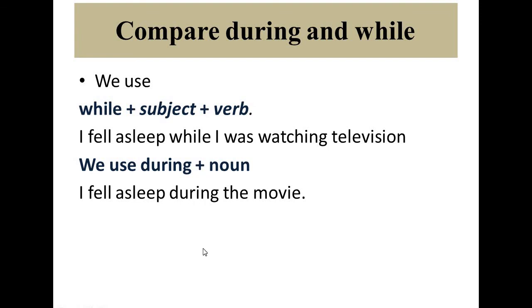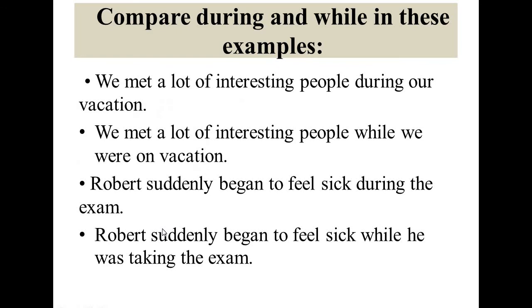Let's see now some examples of during and while. We met a lot of interesting people during our vacation. So here during our vacation is a noun. So during plus noun, our vacation.